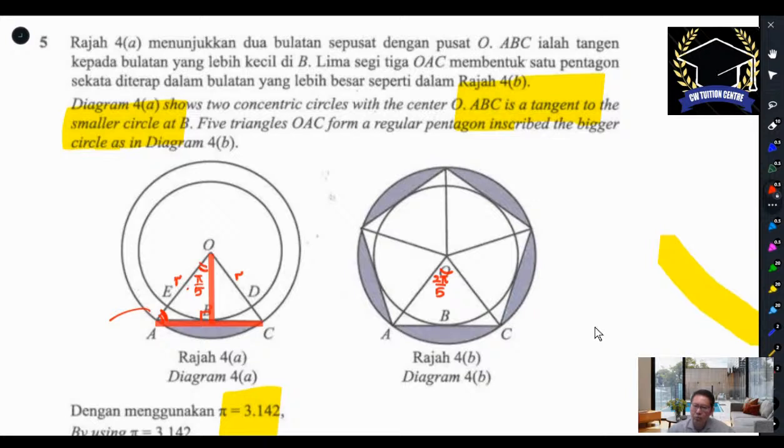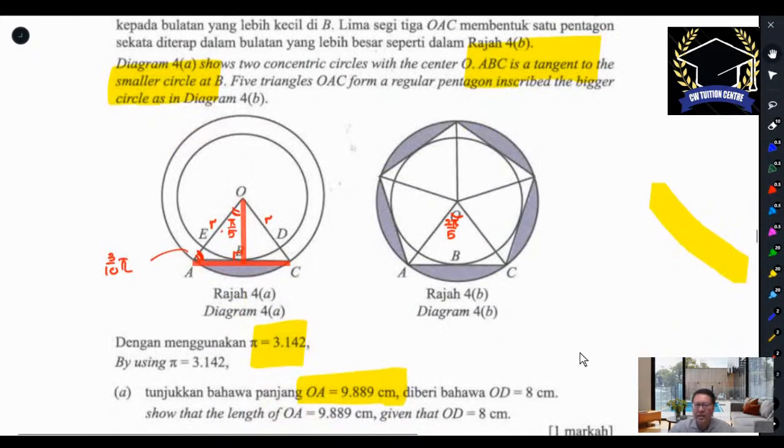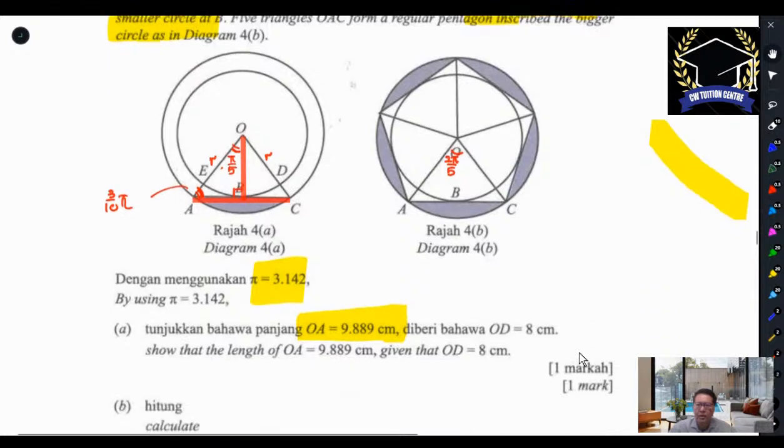The angle here will be half pi minus pi over 5, so it's 3 over 10 pi. That's the only information I can extract before I start with the question. So you should do that. Look at the question first, study carefully, then only you start with the question. It will be easier for you.